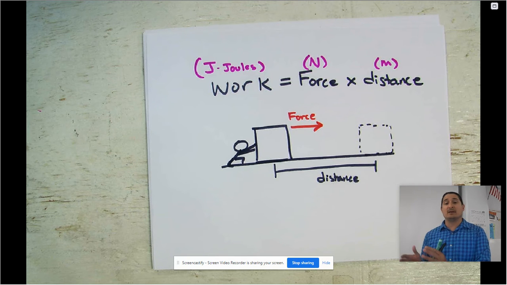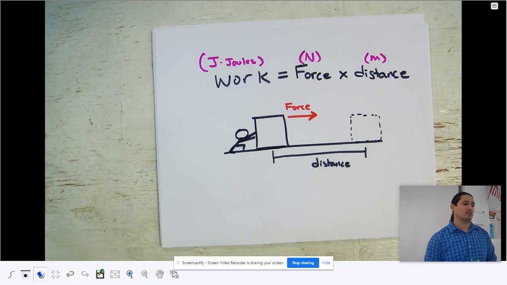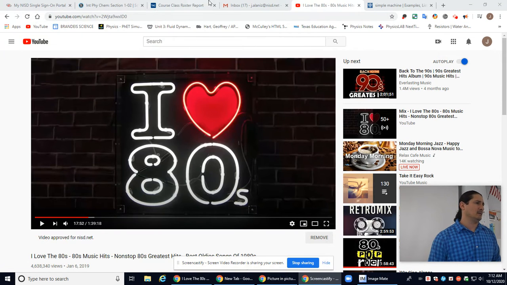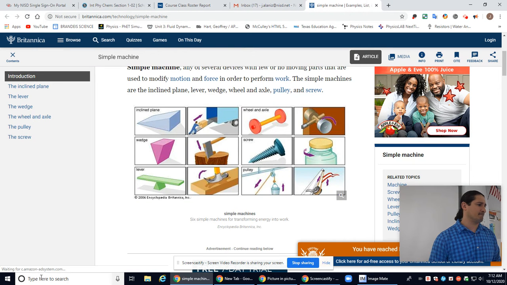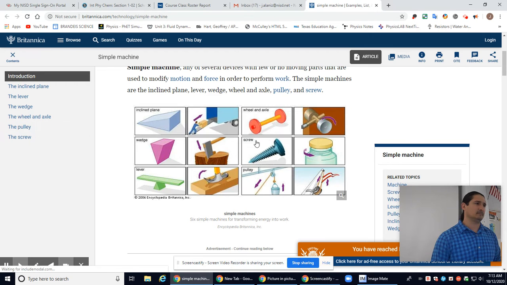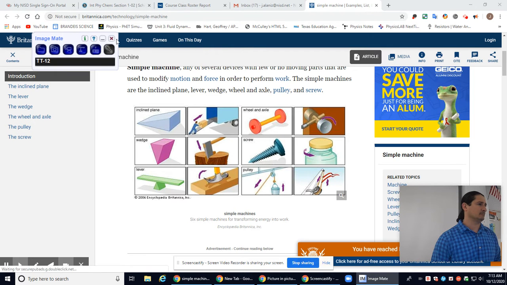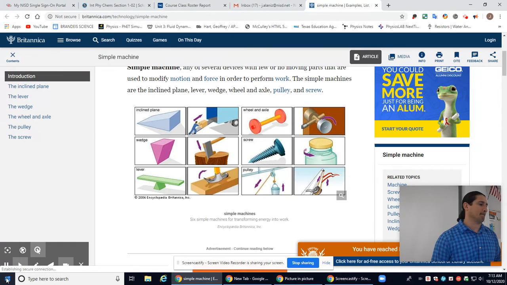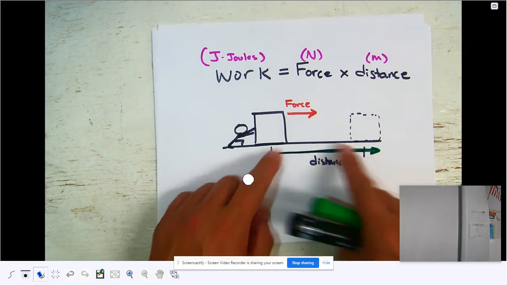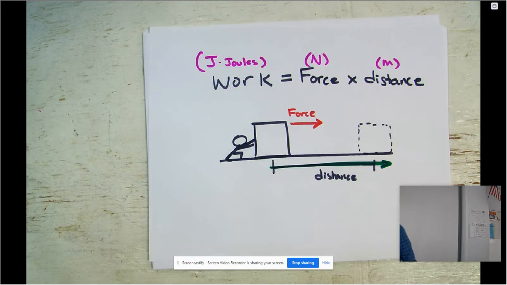The force is parallel to the distance that the object moves. Okay, sorry about that. The distance and the force are parallel to each other.